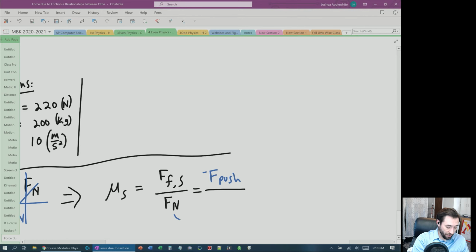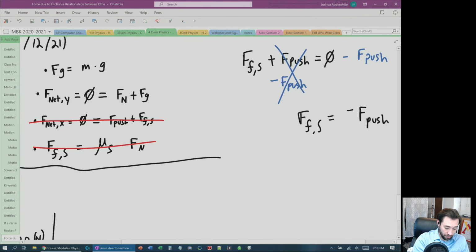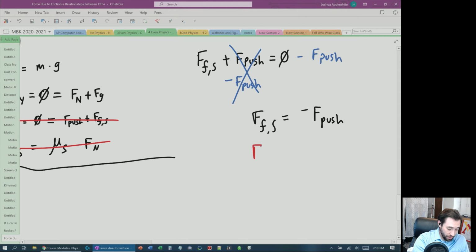I'm going to do the same thing for normal force because I'm not given normal force. Since we just used the x-axis, we can't use that again. So this is where the normal force is at. And I'm not going to confuse you guys with any more algebra. So the normal force is just going to be the opposite of the force due to gravity.